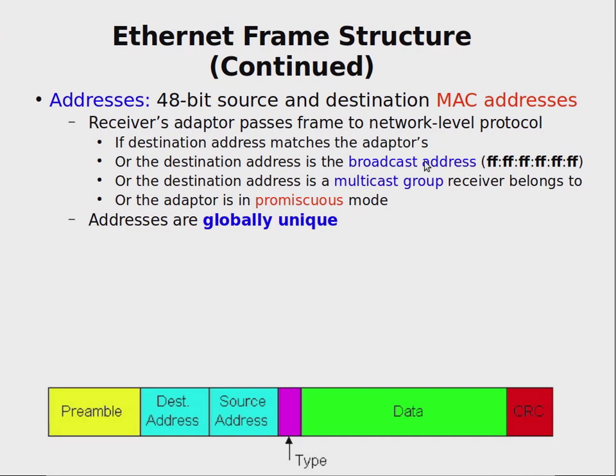And then all Ethernet devices are listening all the time, and the only difference is whether they ignore these received Ethernet frames or not. And in most cases they ignore everything which is not intended for them except the broadcast address. So broadcast address is that you put 1s in all these 48 or 64 bits.